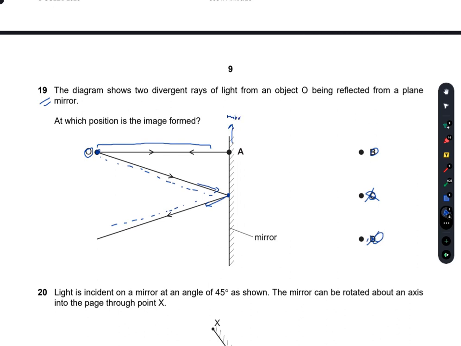If O is at OA distance and AB is the AB distance, then AB would be equal to OA because it's a plane mirror. So that means B would be the place where the image would be formed, not at A.